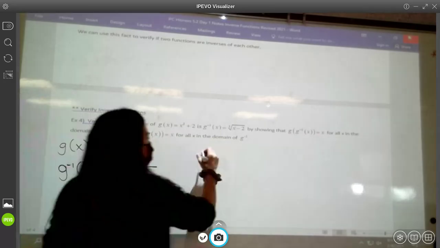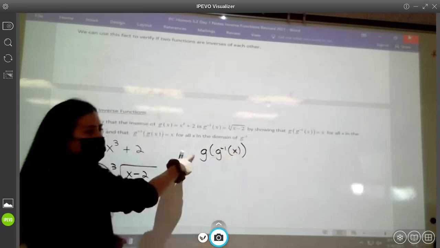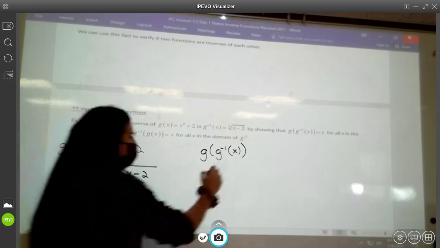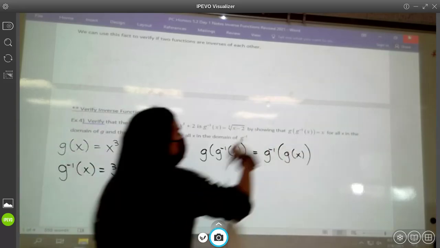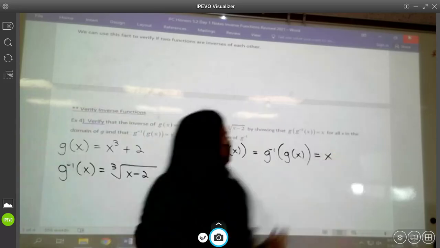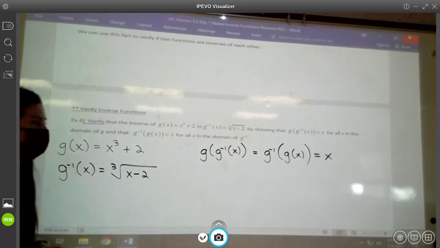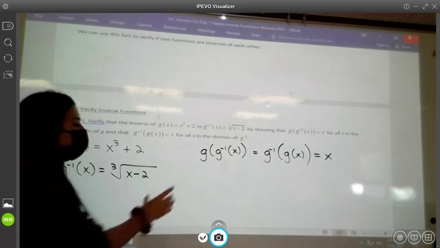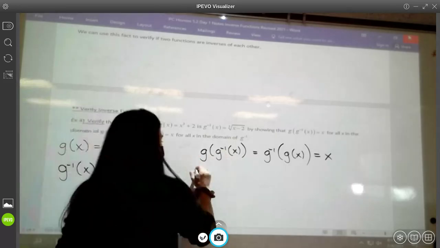So guys, we need to prove that when I plug the inverse into the original, everything cancels out and equals x. When I plug the original into the inverse, everything cancels out and equals x. And then we will be able to say that all operations are undoing each other. So let's verify this one first. Let's plug the inverse into the original function.